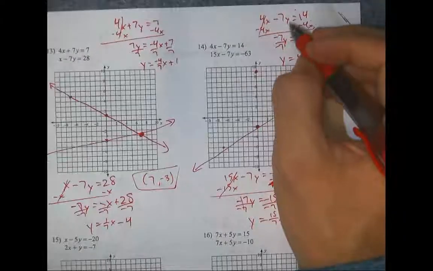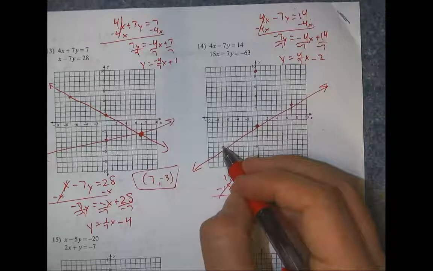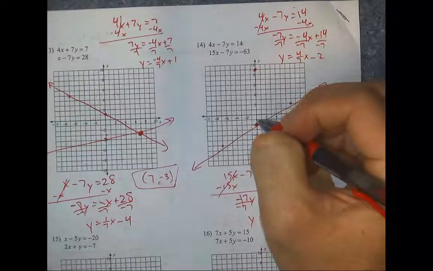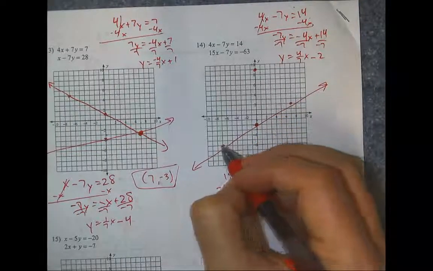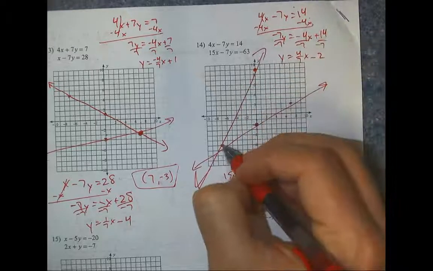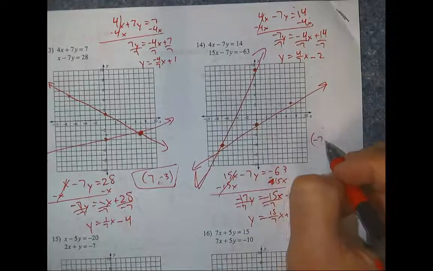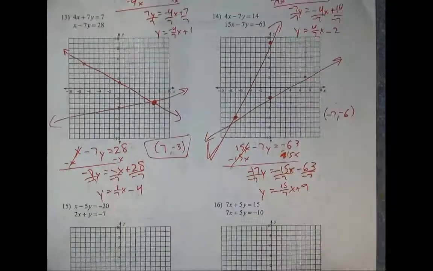Be way up here somewhere. So I need to make sure as I go down, it's going to go here. So if I did this line correctly, this should be the point right here. So go down 15, that's 9, 10, 11, 12, 13, 14, 15, and then go 7 this way, and sure enough, this point right here is my answer, and that is negative 7, and it's down 6, so negative 6.